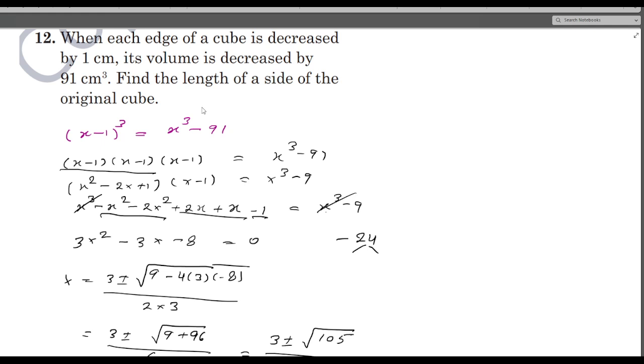So it is 3x square minus 3x minus 8 is 0. b square minus 4ac divided by 2a.